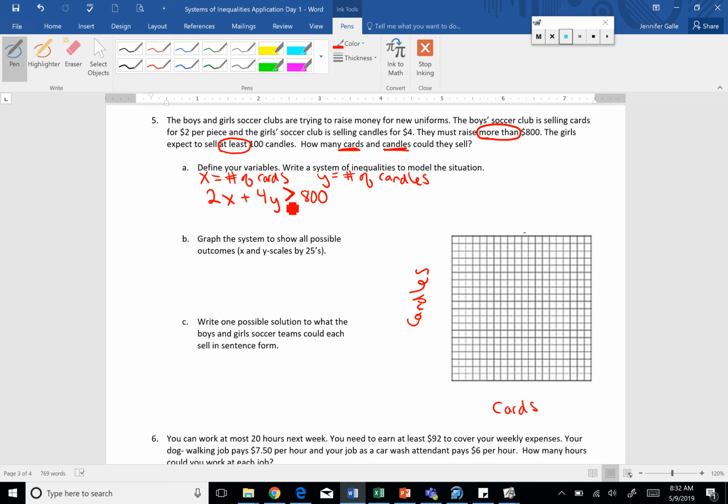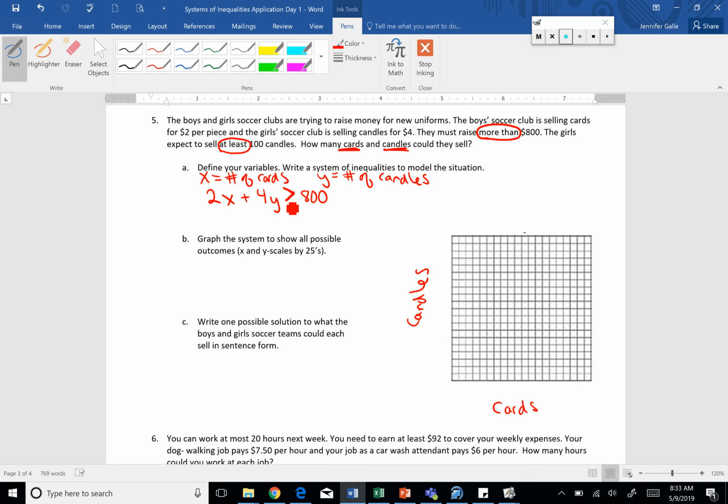Now, if I want more than 800, I don't want 800 exactly, so there's no equal to. Here's one of the big reasons I chose this question. I told you I chose it for a few reasons. This is reason number one. They're not always going to be equal tos. If I want more than $800, $800 doesn't cut it. $800 and 1 cent cuts it. But I need more than 800, so there's no equal to.